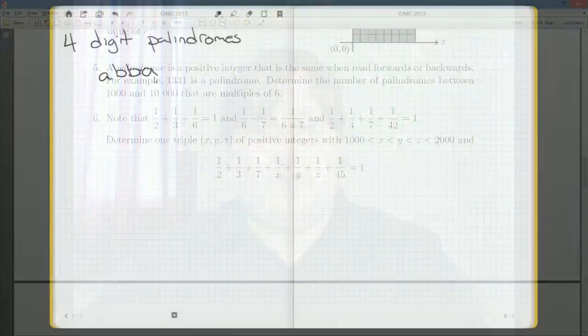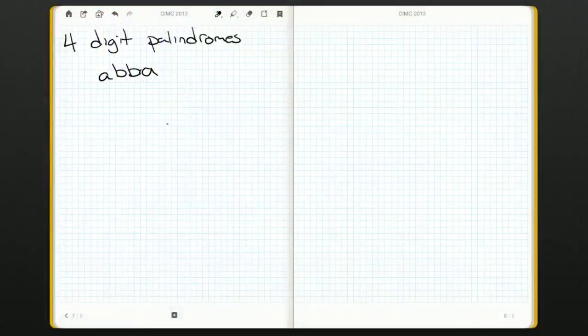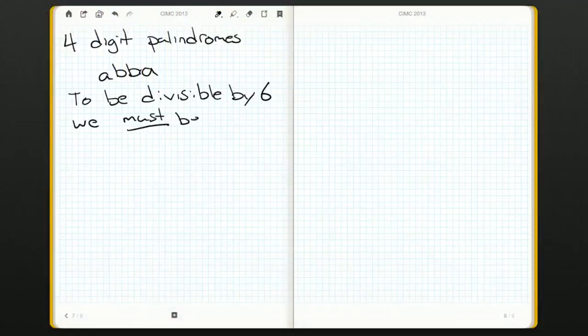So how are we going to do that? Well, to be divisible by 6, there's no straight divisibility rule for 6. It's just a combination of the divisibility rules for 2 and 3. So what are the divisibility rules for 2 and 3?